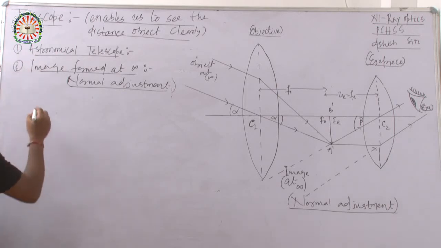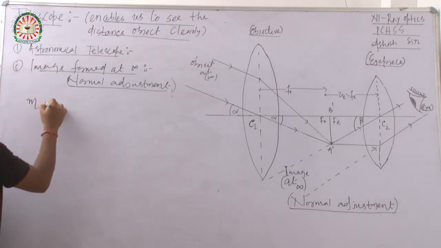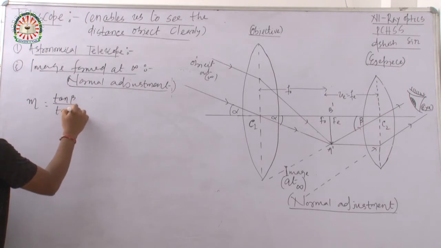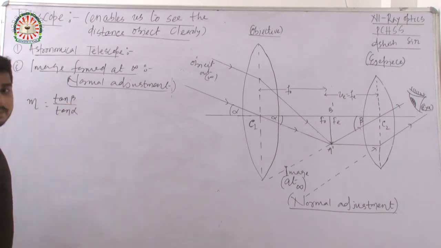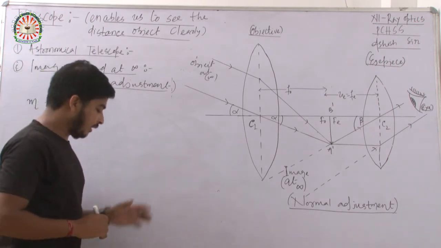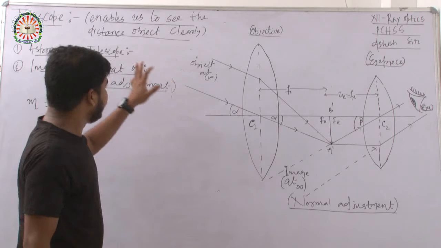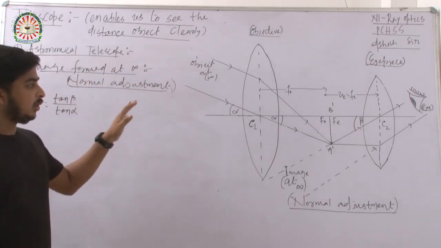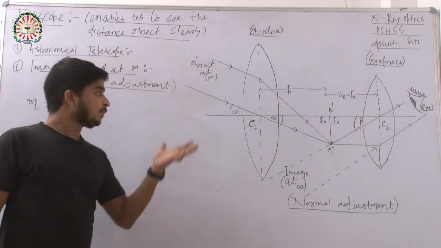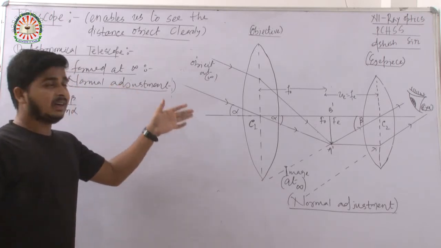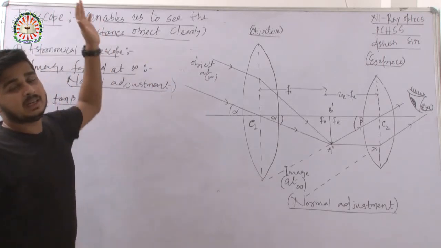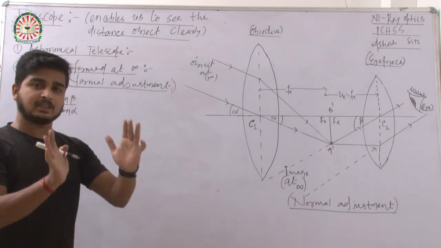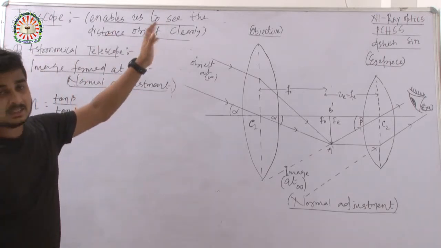You know that for angular magnification, m equals how much? Tan beta upon tan alpha. You know this, tan beta divided by tan alpha. So now we have to find alpha and beta. I have already told that the object is usually at infinity and the length of the telescope is very small when compared to the distance.